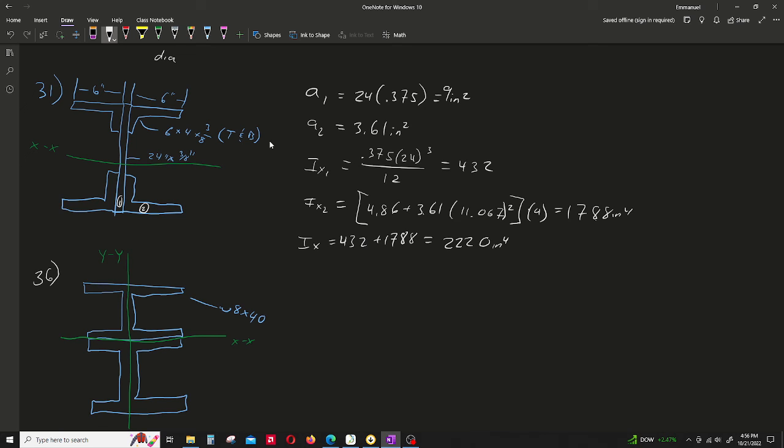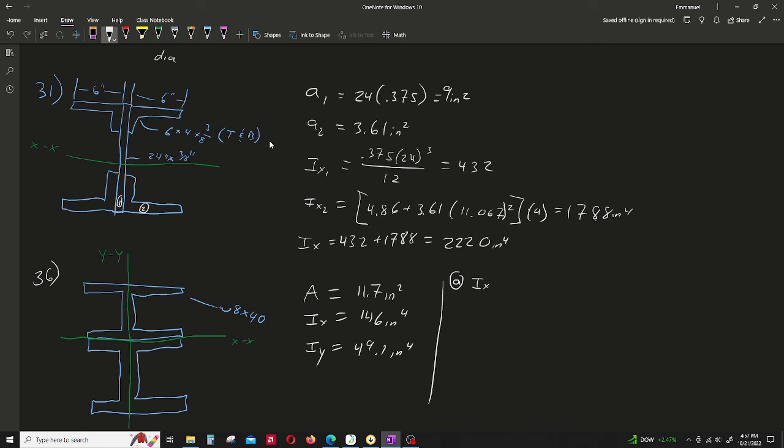Since it's a W8 by 40, we know that we can go to one of the appendixes, grab some information from it that we already know that we need. This is 11.7 inches squared, 146 inches to the 4th, 49.1 inches to the 4th. And so therefore, we know we need our moments of inertia here.